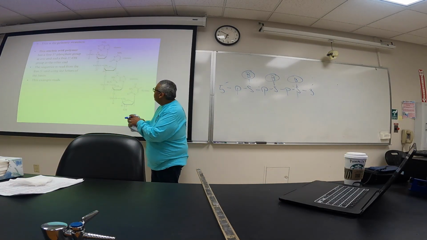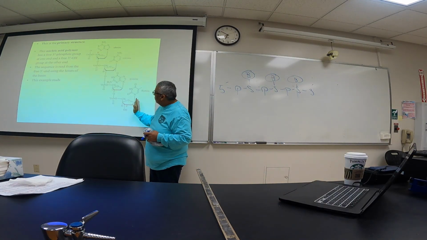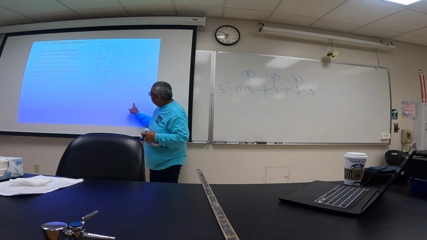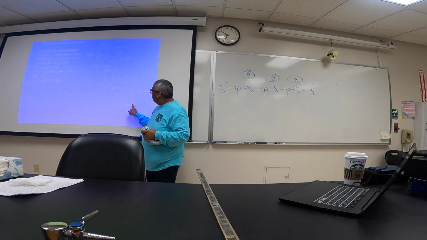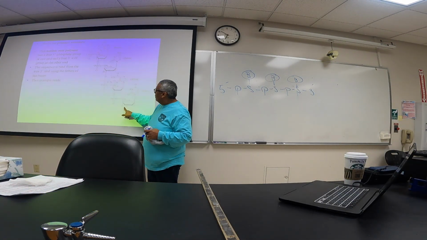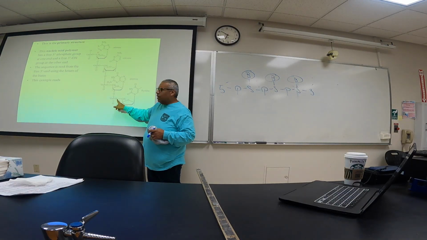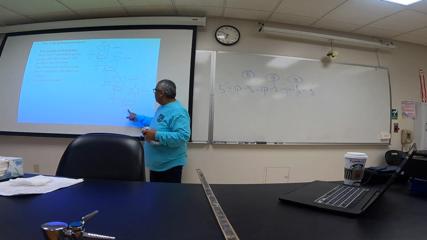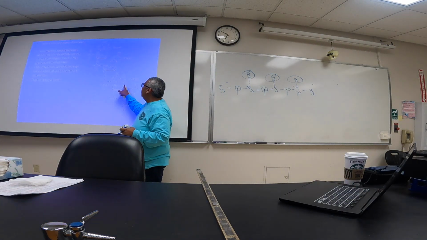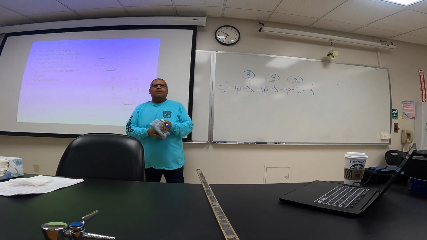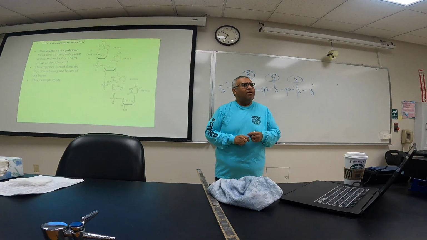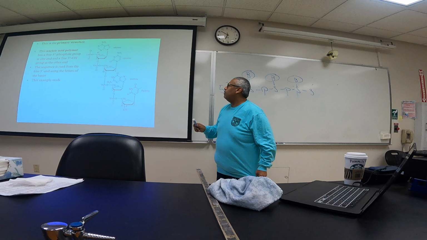But see this portion right here from carbon number 1 to carbon number 5, even including the phosphate? This here is the same structure as this here, is the same structure as this here. The sugar never changes.